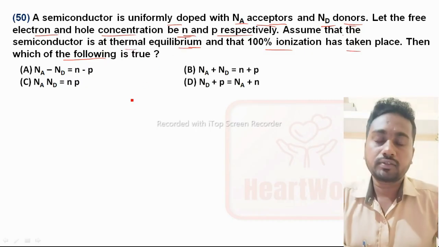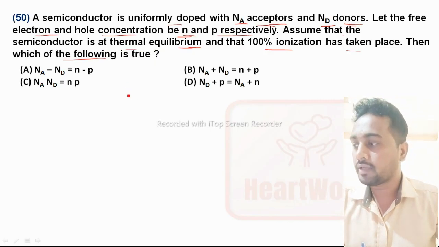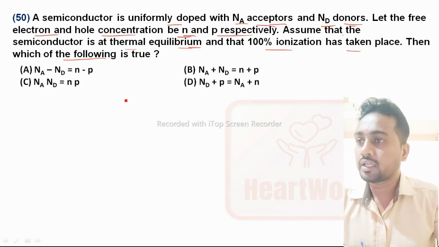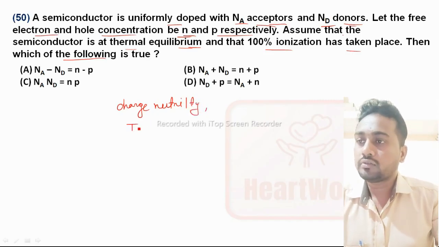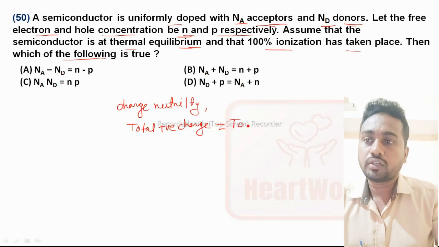Okay, remember this thing: in any semiconductor, either N type or P type, the semiconductor is always in neutral mode. One principle we have, that we call charge neutrality. According to charge neutrality, total positive charge is equal to total negative charge.